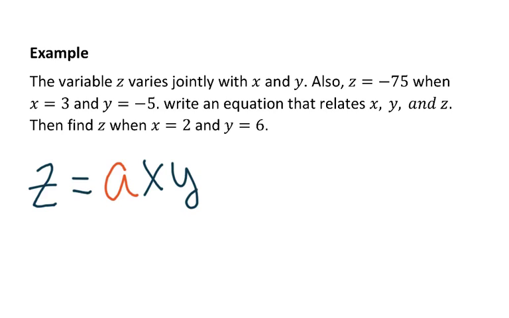Z is negative 75 when x is 3 and y is negative 5. So let's write that equation. Negative 75 equals the constant of variation times x, which is 3, and y, which is negative 5.